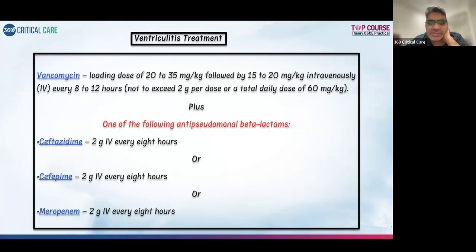My hospital uses vancomycin plus ceftazidime, with a loading dose of 20 to 25 milligram per kg, followed by 15 to 20 milligram per kg with therapeutic drug monitoring, every 8 to 12 hour dosing, and ceftazidime 2 gram IV 8 hourly, then modify according to the organ dysfunction the patient has. If he has renal failure, you have to modify the dose. Other alternatives are vancomycin plus cefepime or vancomycin plus meropenem. So gram positive and broad spectrum gram negative cover.